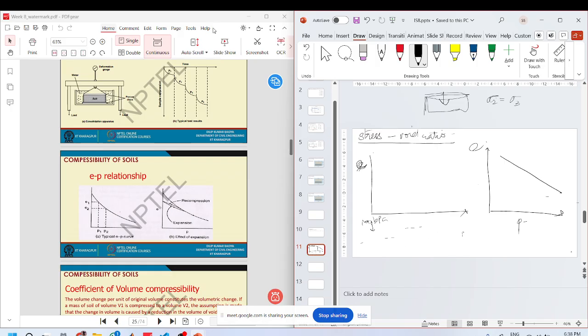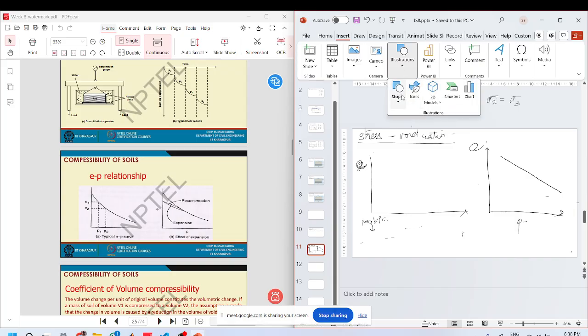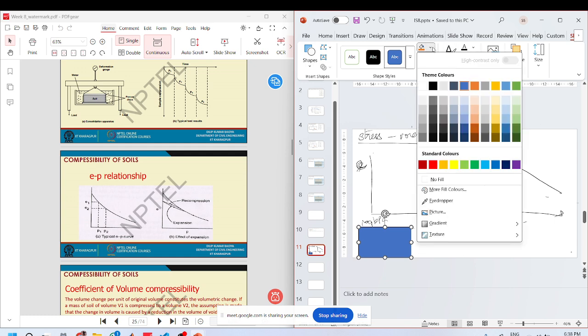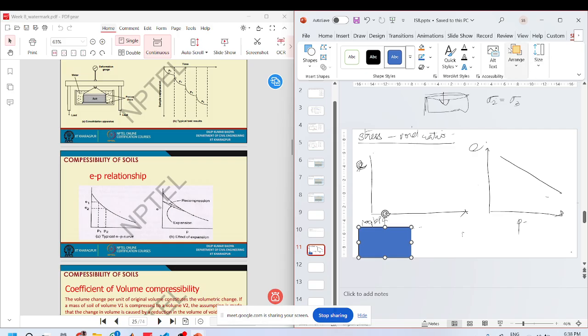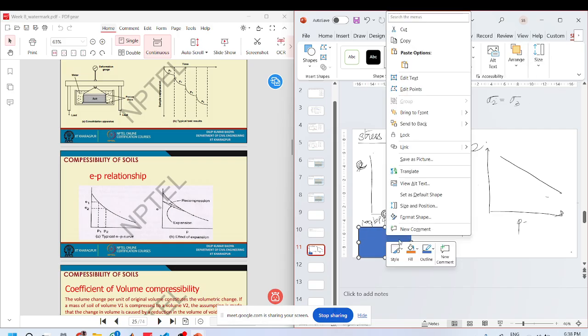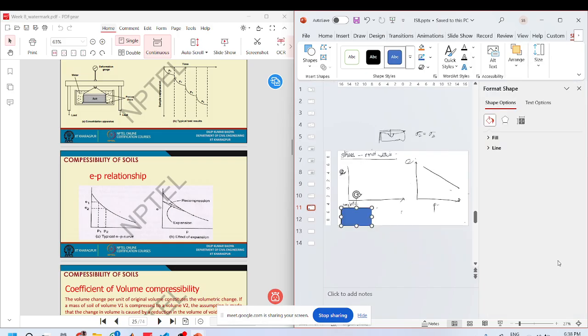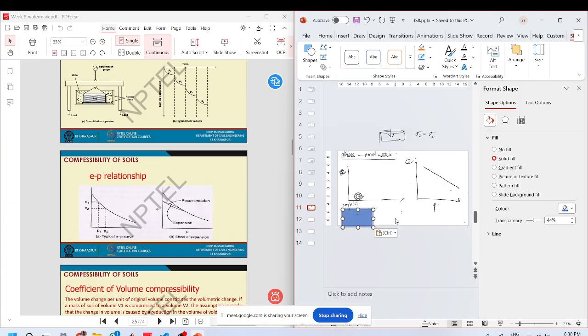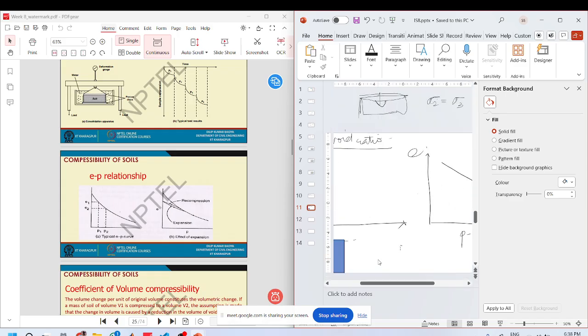Let me try. So initially the soil was like this.